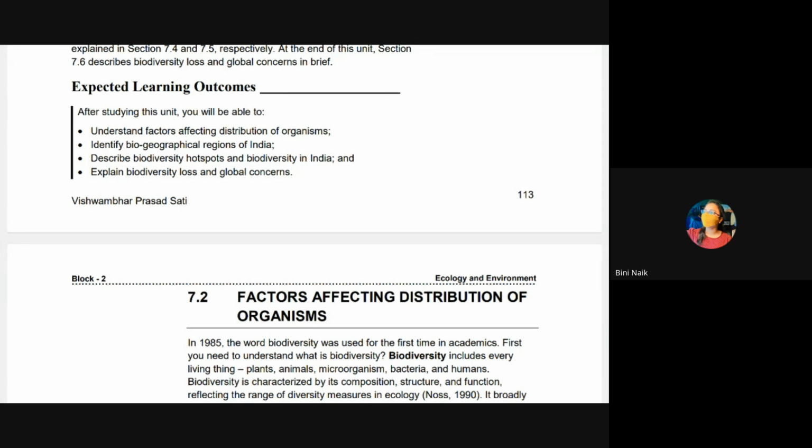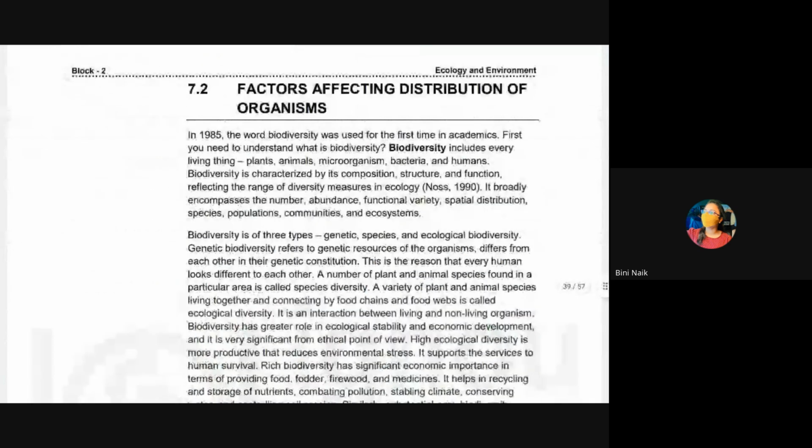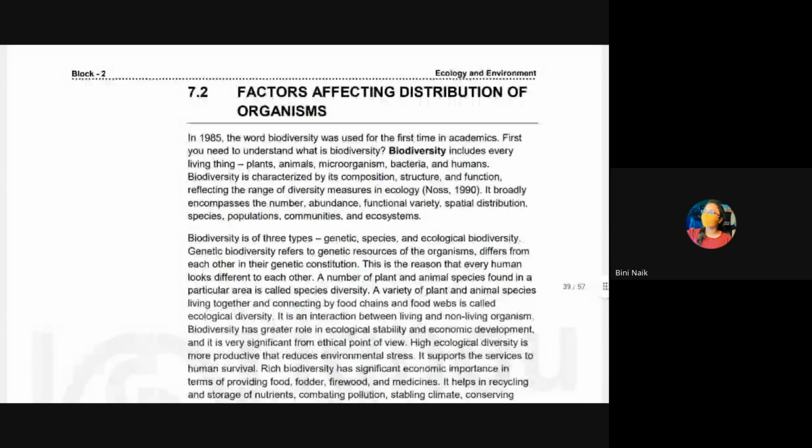All of you will be knowing about biodiversity. Everything is basically considered to be biodiversity. Bio means life, and diversity means all the diverse communities that are available. That is your biodiversity. And what are the different factors affecting the distribution of organisms?